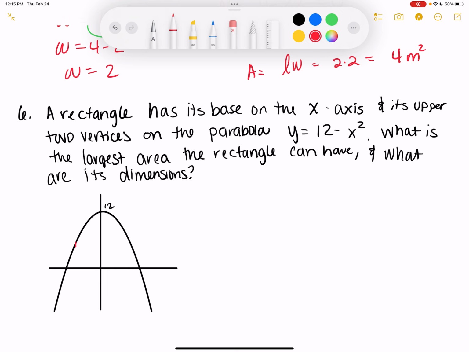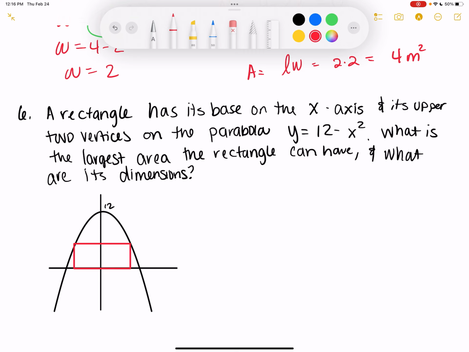They can intersect anywhere, but we know that it has to intersect. So we've got our rectangle there, and that's really all the information that I know.